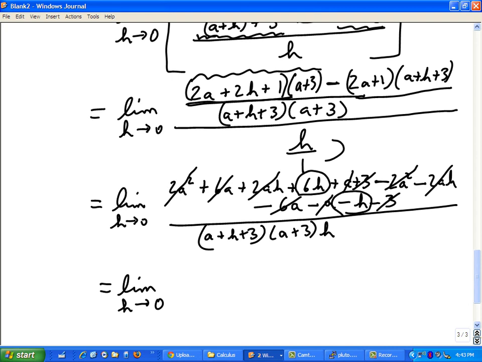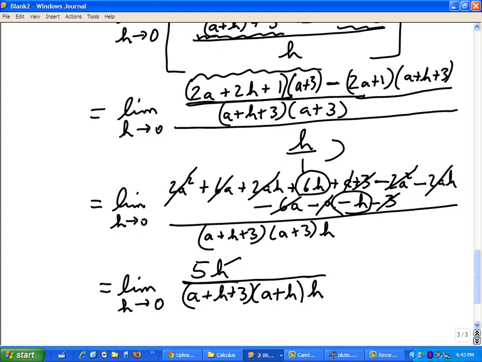A plus h plus 3, a plus h, h. Now I'll cancel the h's because I'm multiplying, and we're left with the limit as h goes to 0 of 5 over a plus h plus 3, a plus h.